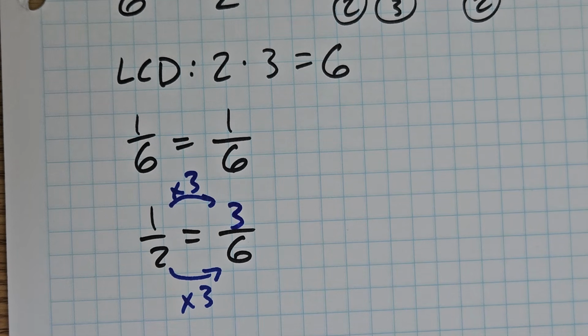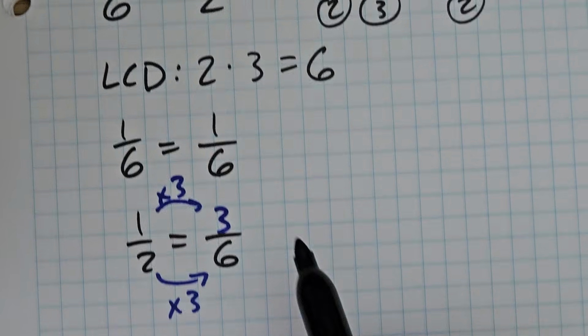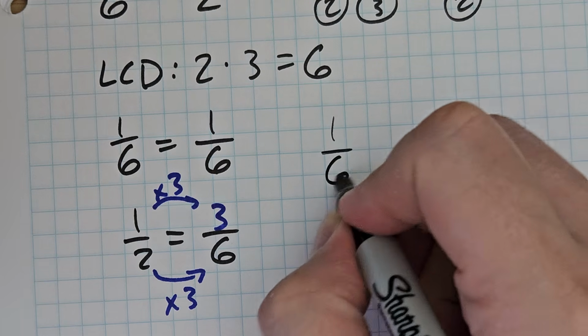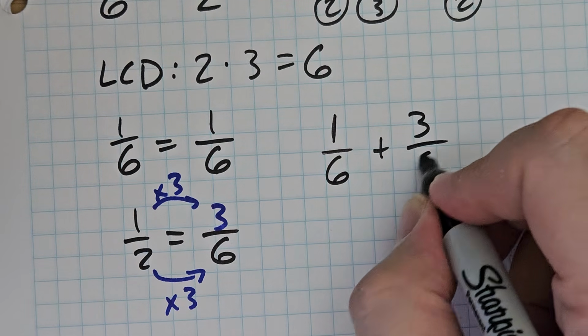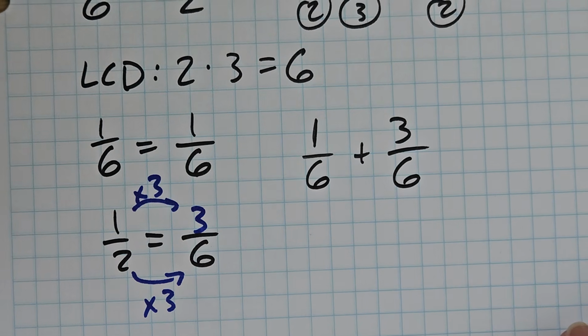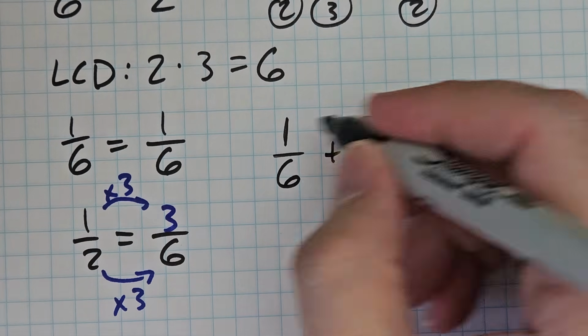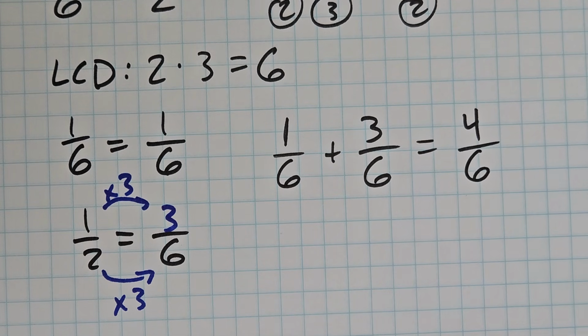And so now the next thing I have to do is rewrite this whole addition problem with my new LCD fractions. The first one actually ended up staying the same, and the second one is now 3/6. Okay, now the easy part, to actually add. I just add straight across the top, and the denominator stays the same.